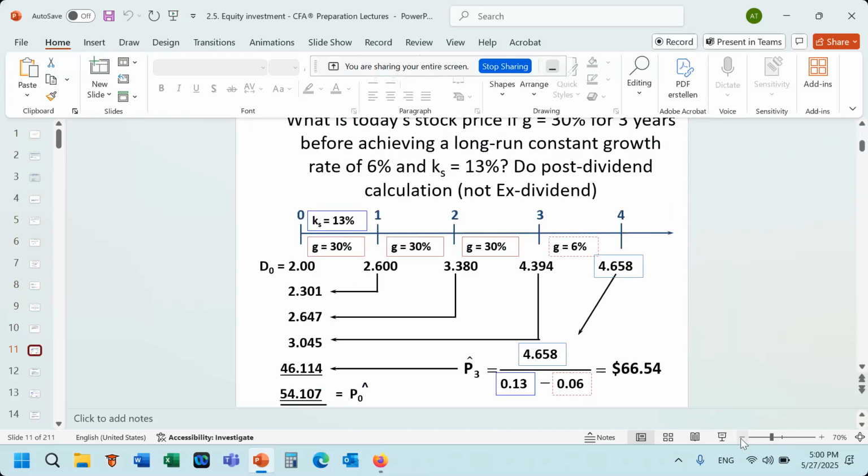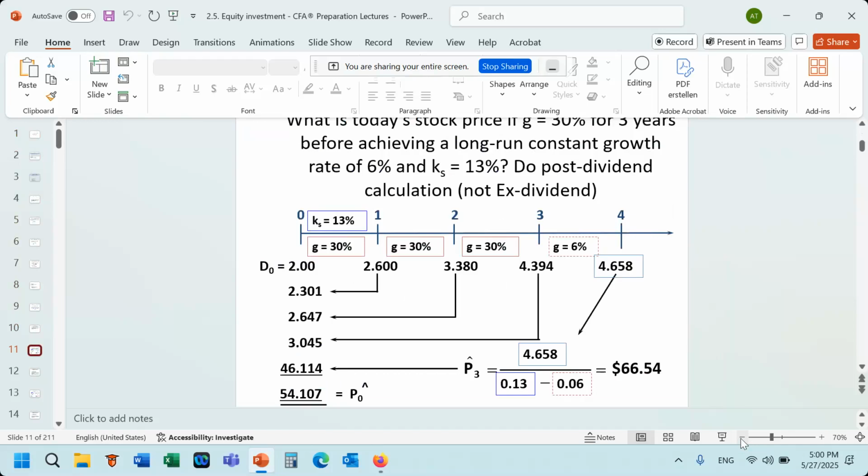P3 hat, the estimated stock price, is calculated using Gordon formula, with dividends at time 4 divided by cost of capital of 13% or 0.13 minus 0.06, which is the growth rate. This gives us a stock price of $66.54 after 3 years.